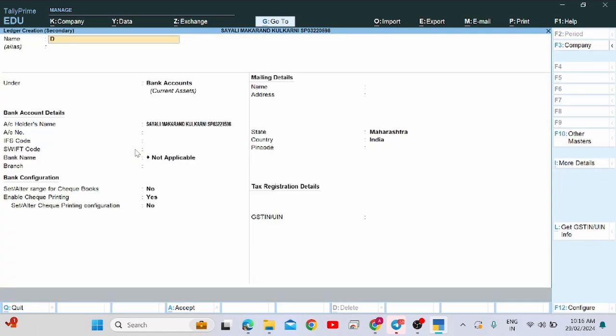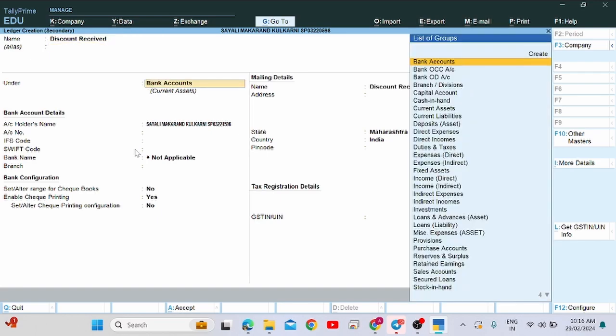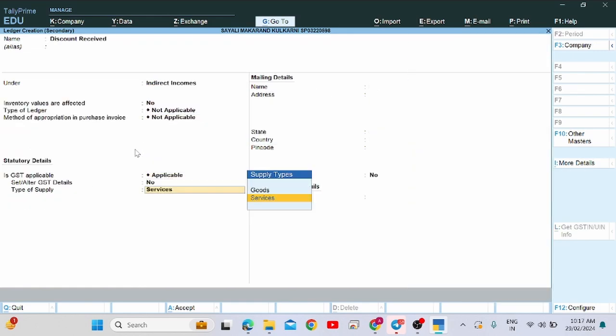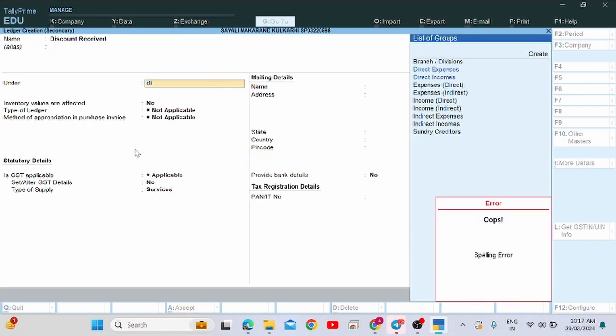Therefore Alt C and then say discount received account. There is no compulsion to write AC, account, at the end. If you want you can. Discount received, let's say this is a part of your indirect income. As I said, try to type discount received here, you will not get it.